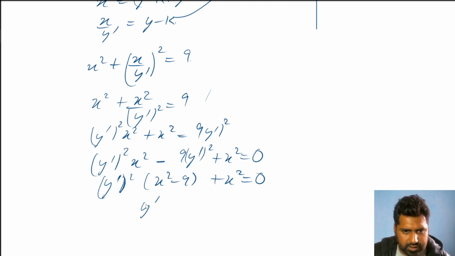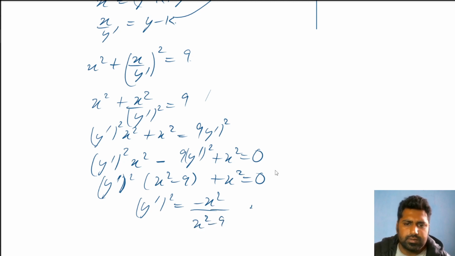Or y dash square is equal to, taking x square on the other side, x square divided by 9 minus x square. Again, it depends how they have presented the answer. I can generate it like this also, or this is also a way to represent the answer. Both are correct.